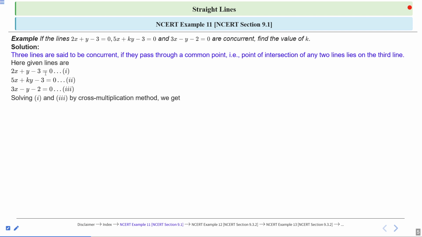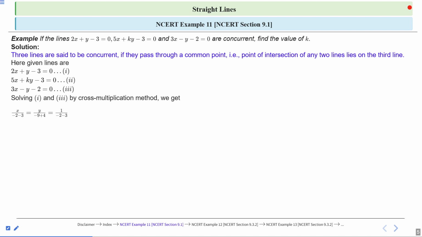Now solve equations 1 and 3. How can you solve equations 1 and 3? For solving equations 1 and 3, we can use the cross multiplication method. Solving equations 1 and 3 by cross multiplication method, we get x divided by minus 2 minus 3 equal to y divided by minus 9 plus 4, and this is equal to 1 divided by minus 2 minus 3.